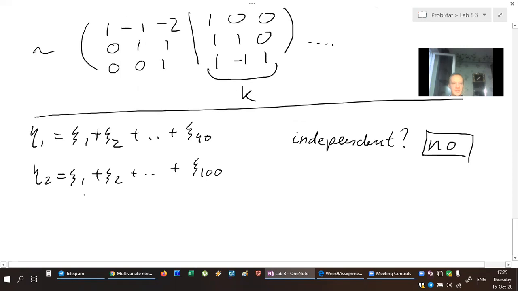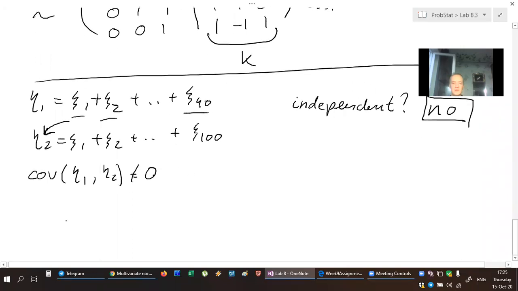Well, first idea is that these random variables also affect the random variable eta2, so they are dependent. But this is an intuitive way to realize if it's independent or not. You can always calculate the covariance of eta1 and eta2 and see that it's not equal to 0, which means they are dependent. But we will calculate it anyway. So, all right, they're dependent.